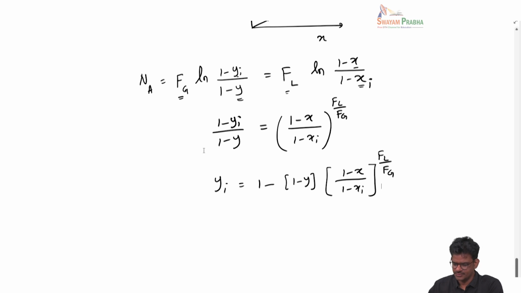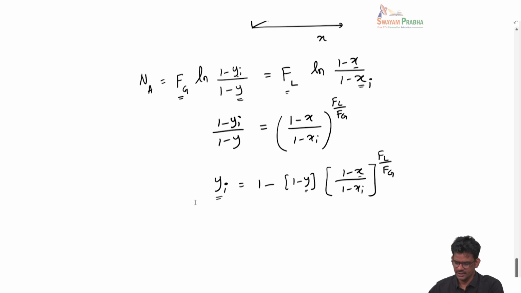So if you look at this expression, this tells me what the interfacial concentration yi is when I start with some x and y on the operating line, and I know the slope or the ratio of the mass transfer coefficients Fl and Fg. Fl and Fg we already calculated, based on the correlations. We know that value.